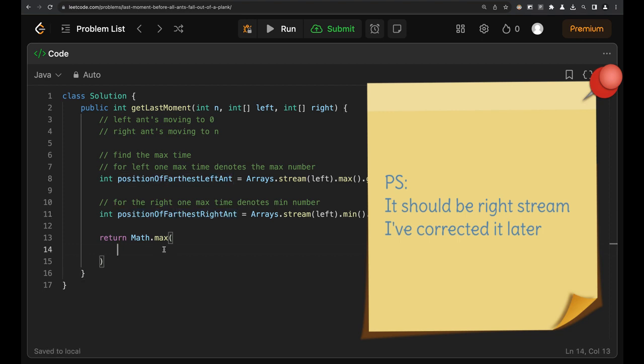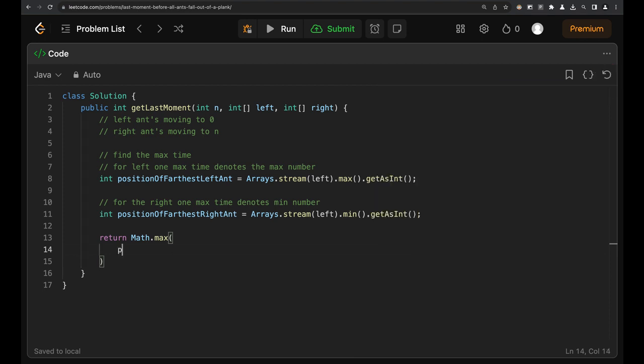So I'll say max from the position of farthest left ant minus 0, comma, n minus the position of the farthest right ant. Let's compile this and check.